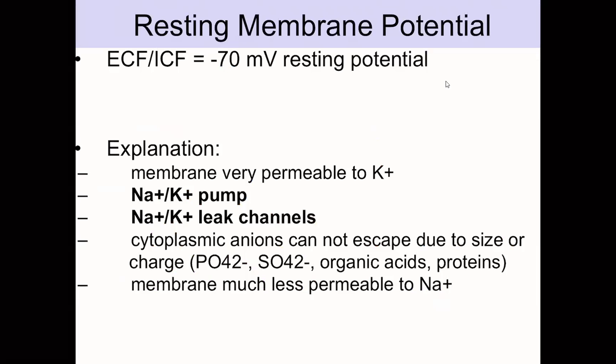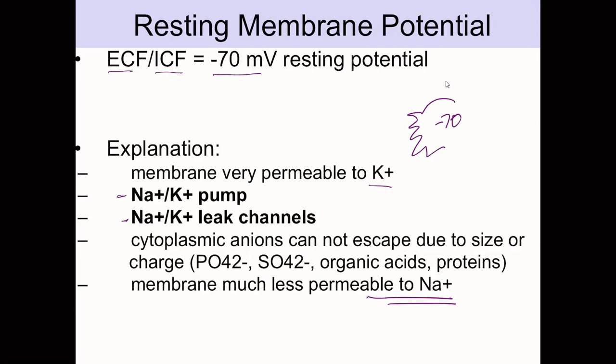The difference between the extracellular fluid and the intracellular fluid is negative 70. That is established by these sodium potassium pumps and the leak channels. The membrane's really permeable to potassium, but big anions can't leave, and the membrane's less permeable to sodium. So you end up with the inside of the cell equaling negative 70.